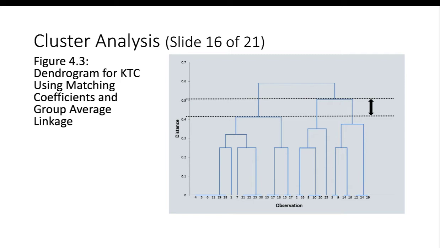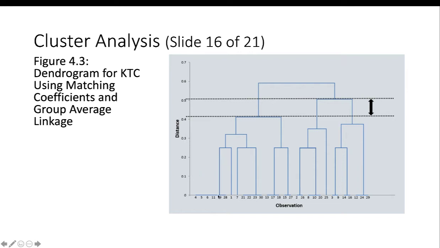A dendrogram is a chart that illustrates the set of nested clusters resulting at each step of aggregation. The horizontal axis of the dendrogram lists the observation indexes. The vertical axis of the dendrogram represents the dissimilarity or distance resulting from a merger of 2 different groups of observations.